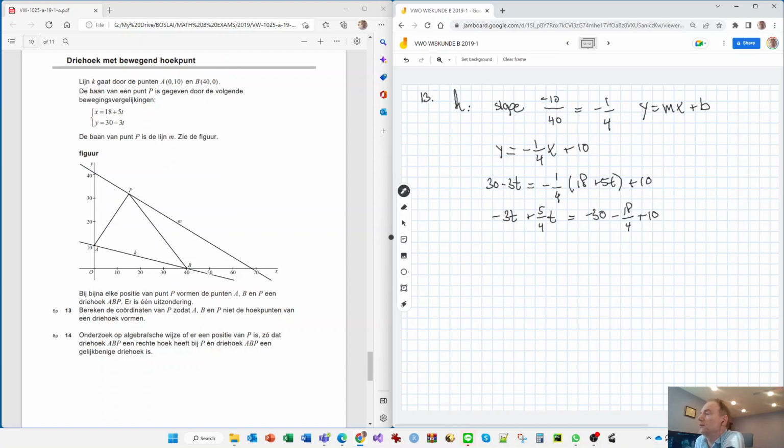Okay, put these under one denominator, 4. So I get minus 12 over 4 plus 5 over 4t. This is 9 over 2.